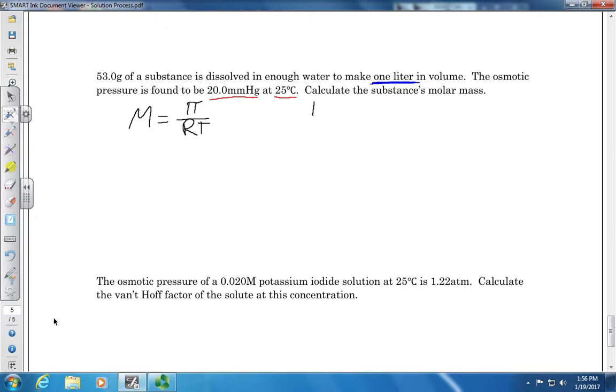So our pi is going to equal 20 millimeters of mercury times 1 atmosphere over 760 millimeters of mercury, which is going to equal 0.0263 atmospheres.